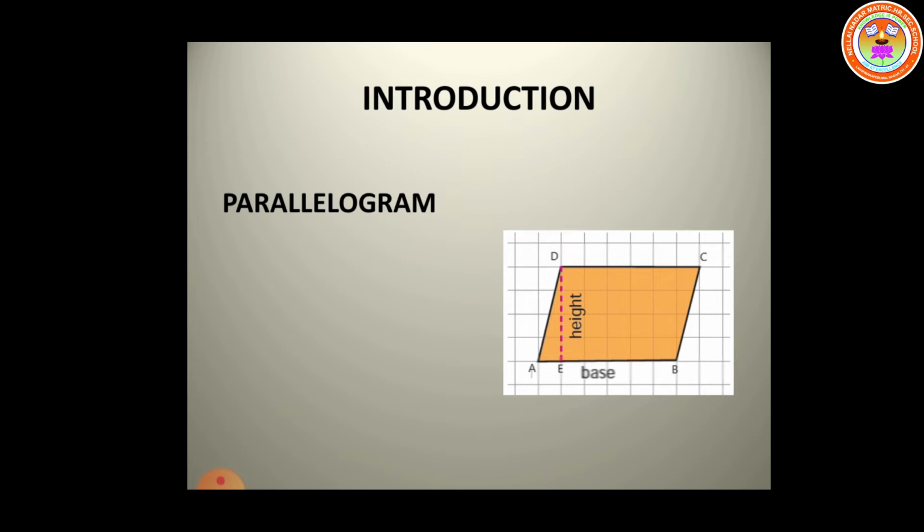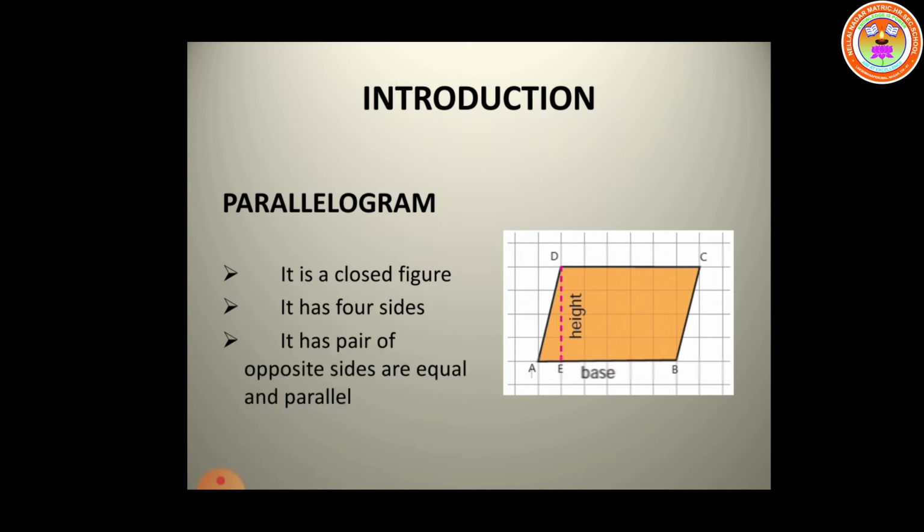AB is the base. DE is the height. Parallelogram also a closed figure. It has four sides. It has pair of opposite sides are equal and parallel to each other.